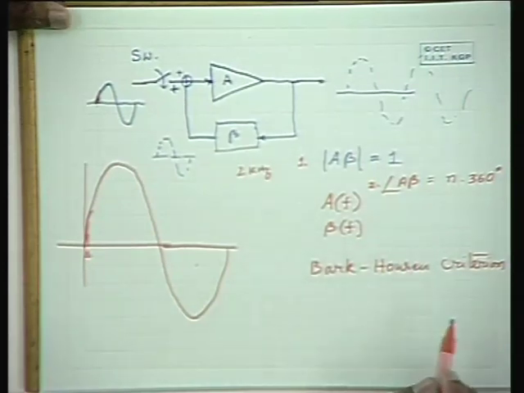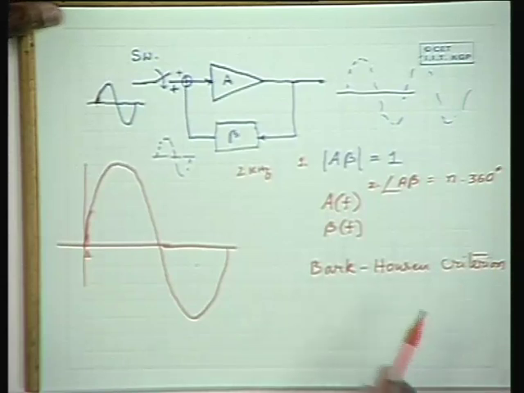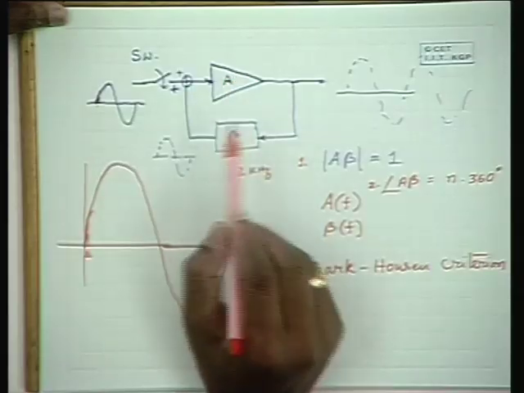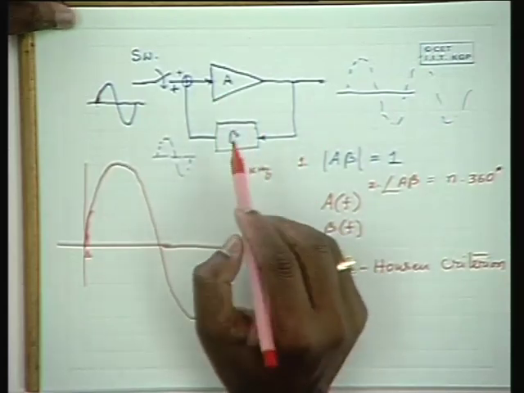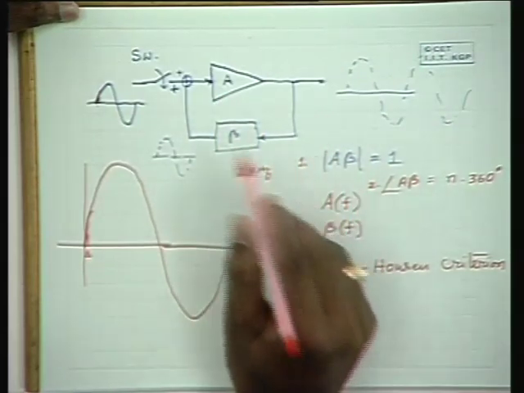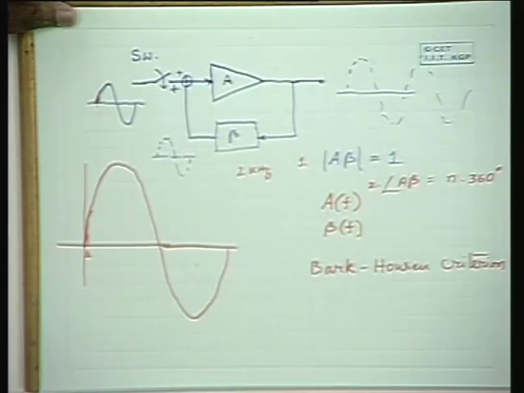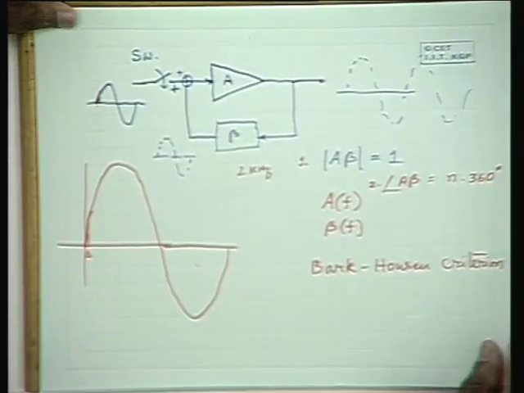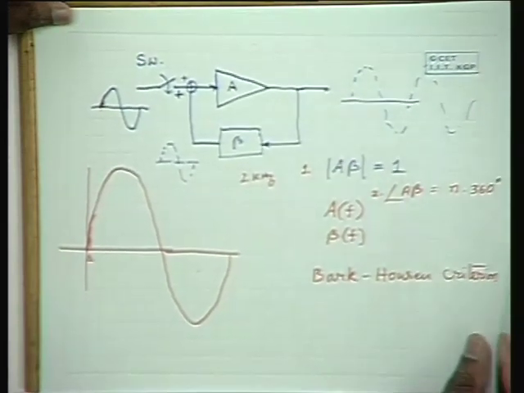So this is known as the Barkhausen criterion, and it can be satisfied only at one particular frequency, because A(f) is a function of frequency and beta is a function of frequency, and oscillation is sustained at only one frequency.